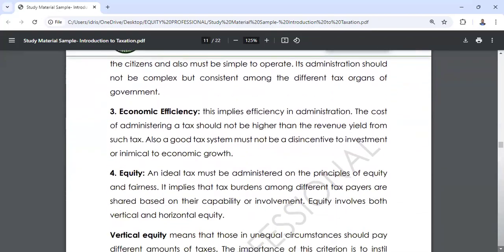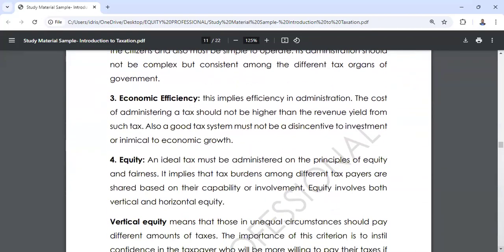Another principle, principles of economy, or principles of economic efficiency. What is the principle of economy saying?